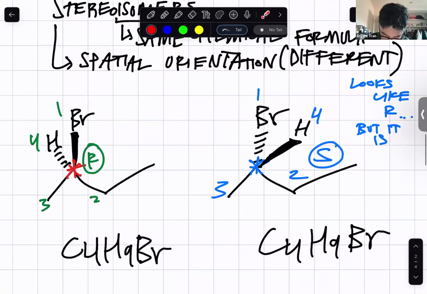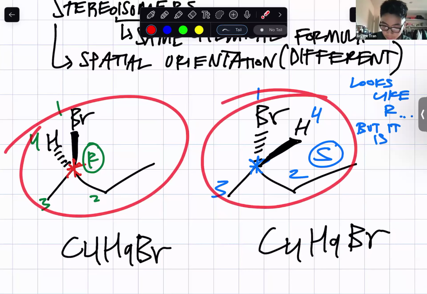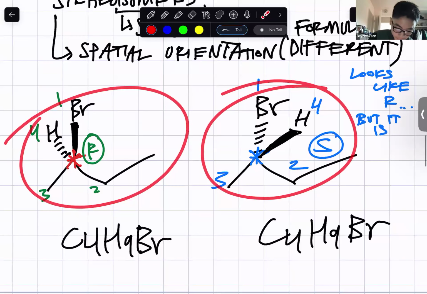So this molecule is an enantiomer of this molecule here, right?